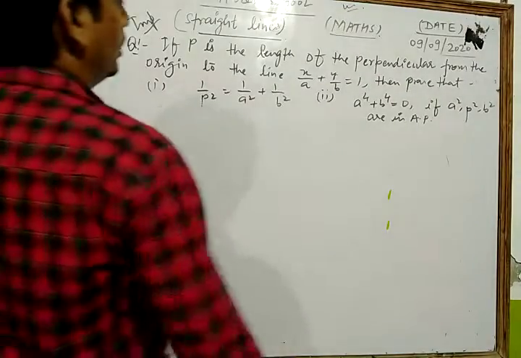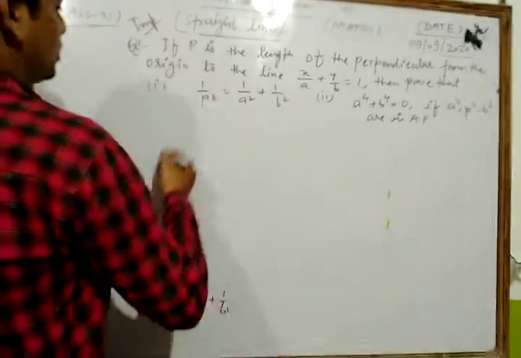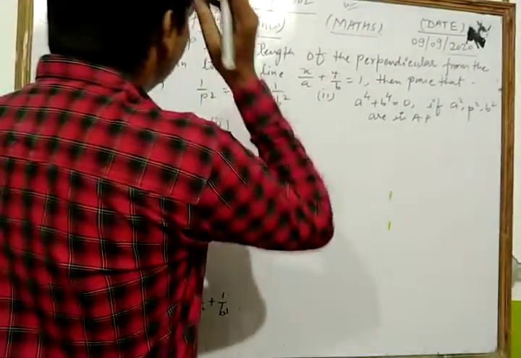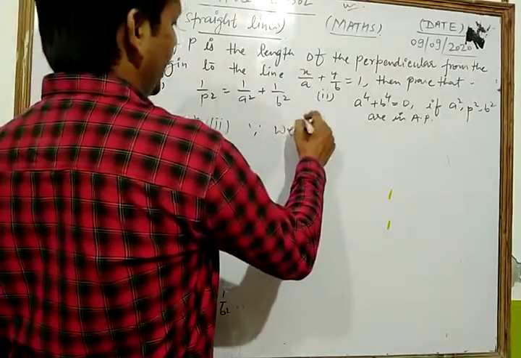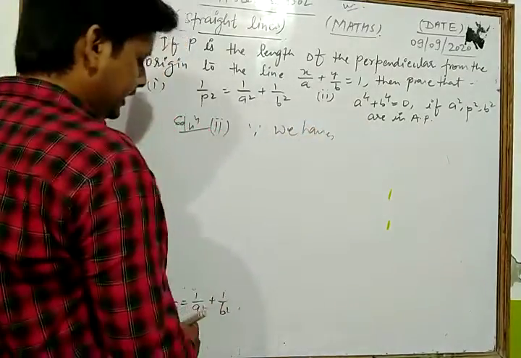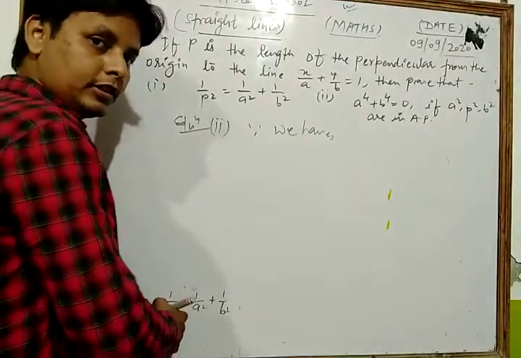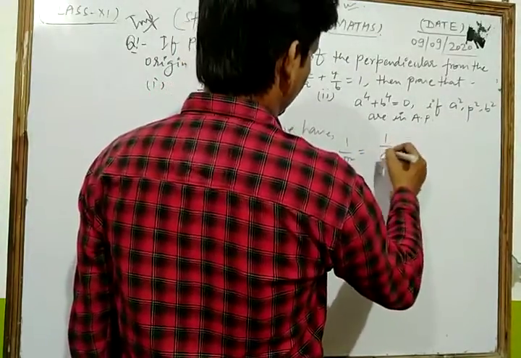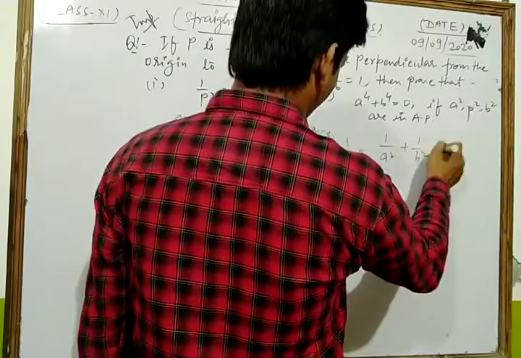Now look, now we solve the second part of this question. Since we have already proved the first result, 1 upon p square is equal to 1 upon a square plus 1 upon b square.